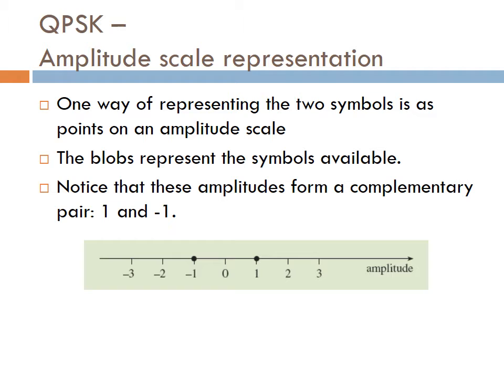This shift in phase by 180 degrees can be represented by the following scale, where 1 represents the in phase symbol and -1 represents a symbol that is shifted in phase by half a cycle.